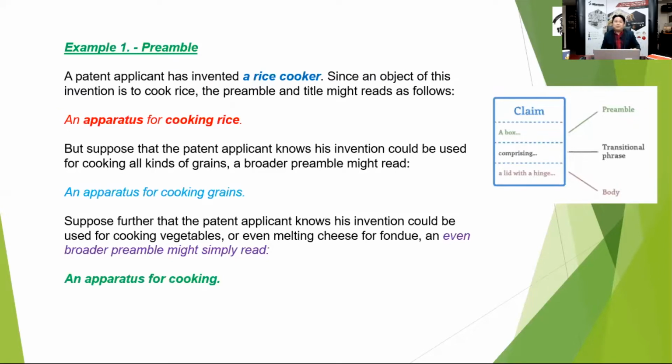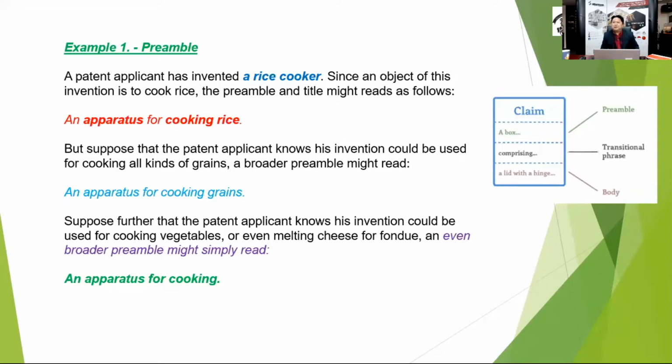Now, let me give you an example of a preamble. We are looking at a rice cooker example. The first one, in the red line, is an apparatus for cooking rice. Quite specific, right?